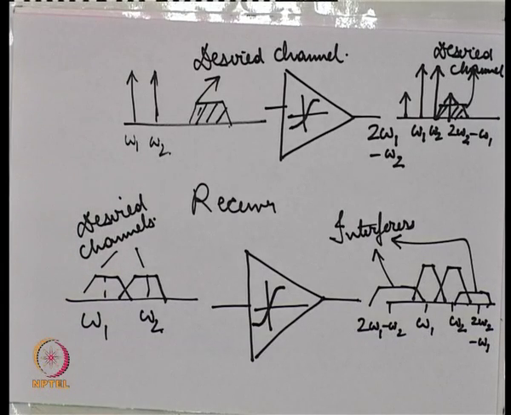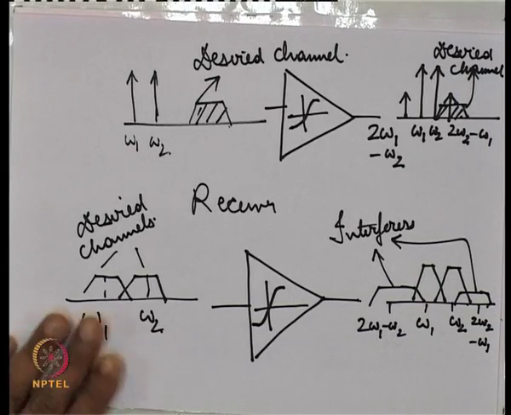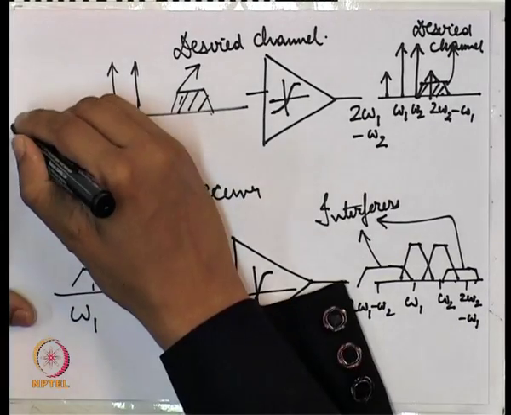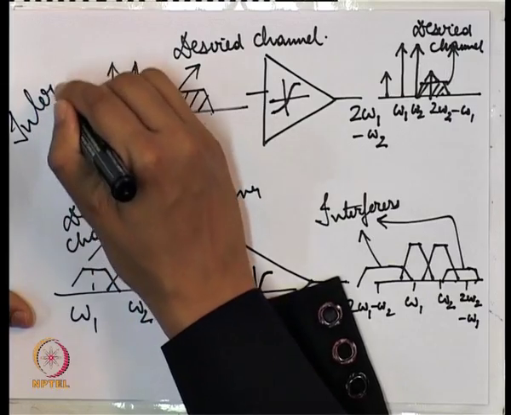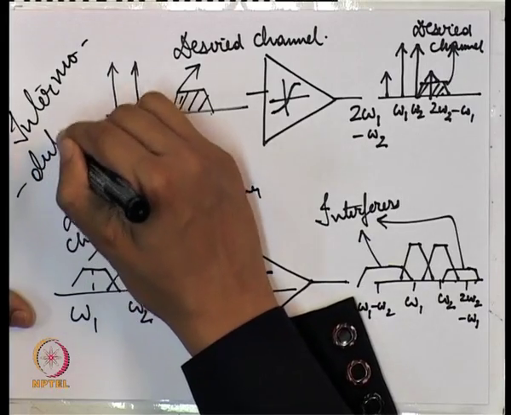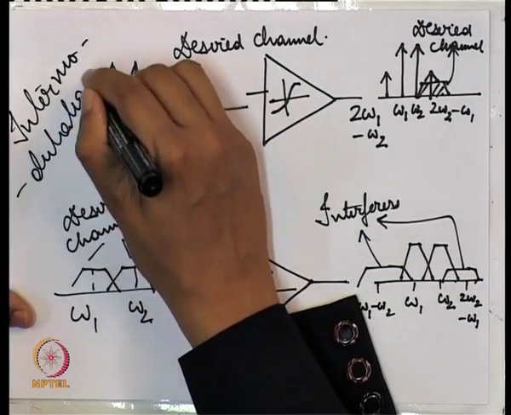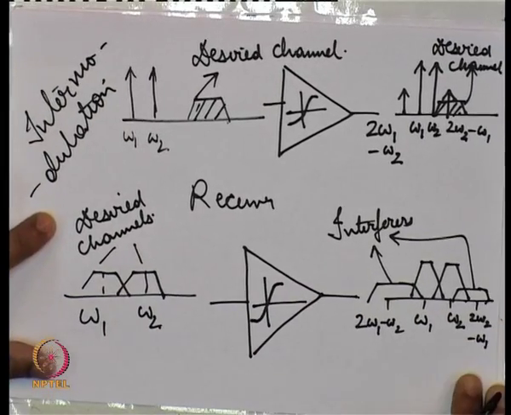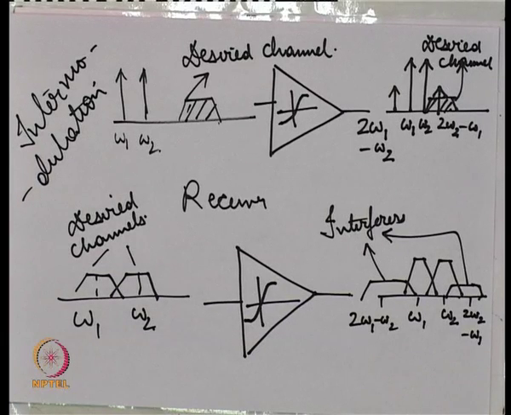In fact, so significant is this distortion produced by this effect. This effect is known as intermodulation. Not harmonic modulation, intermodulation, that is interference caused by two different frequency tones.